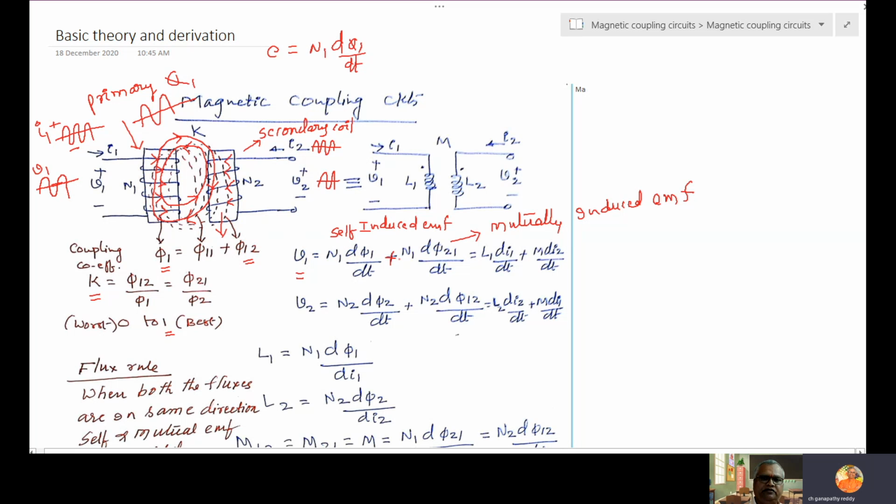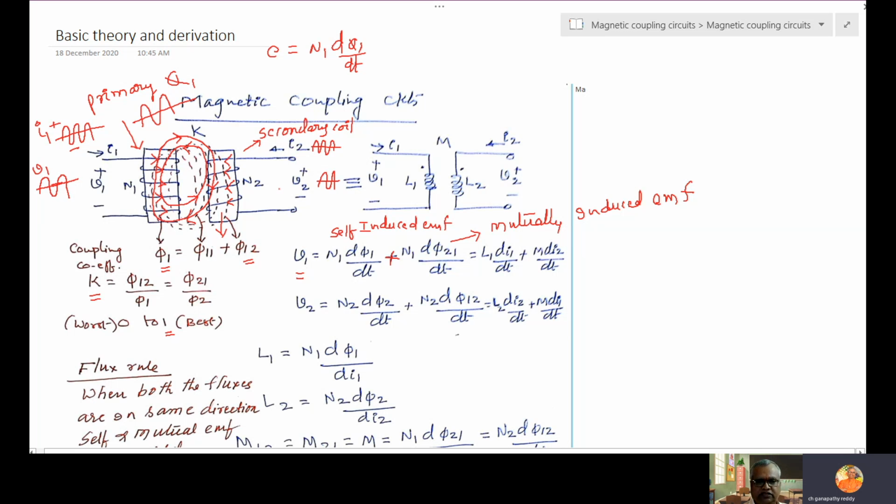And this self and mutual are added. Why is this plus? The reason is that when I1 is positive, flux flows in the clockwise direction, and when I2 is positive, flux again goes in the clockwise direction. When V1 and V2 are both applied simultaneously, self flux and mutual flux both flow in the same direction.